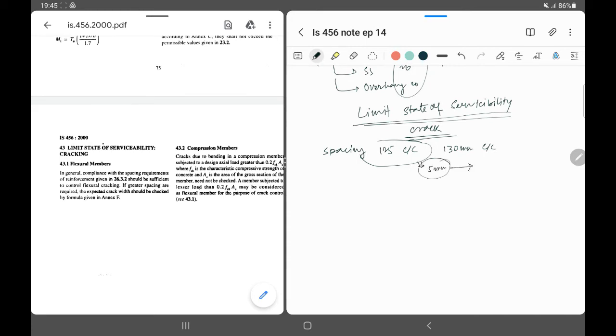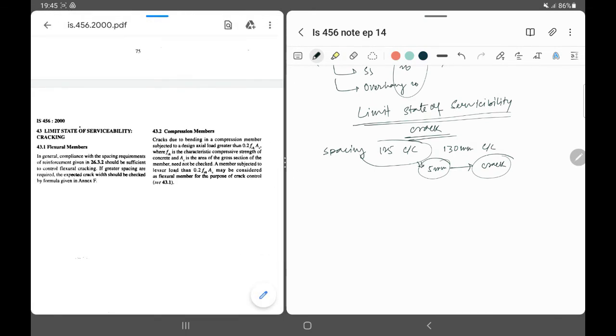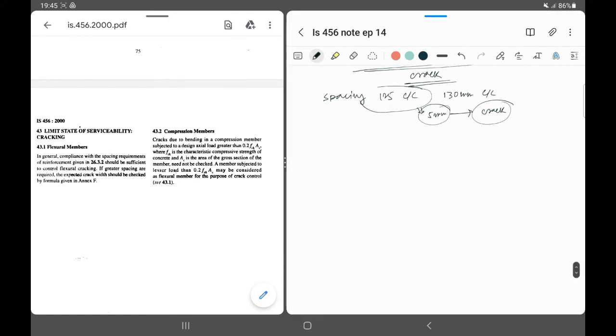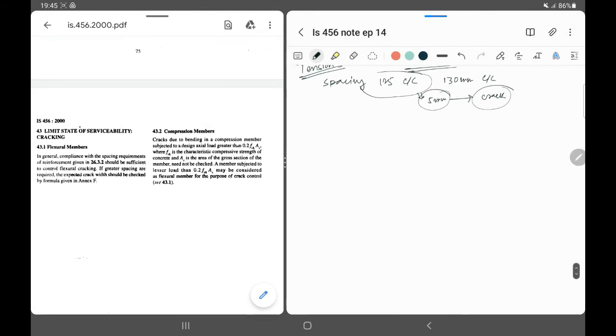For that 5 mm you have to find out what should be the crack width. That is written: if greater spacing is required, the expected crack width should be checked. The formula is given in Annexure F. But you never have to use this formula. So this is for tension member or flexure member.